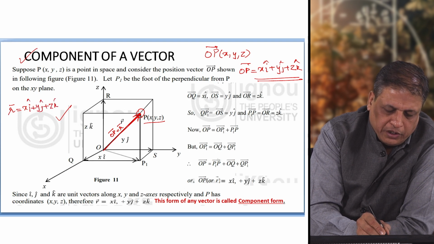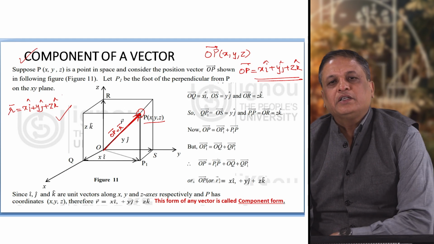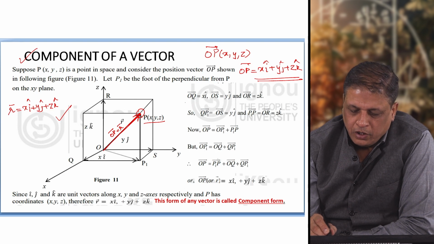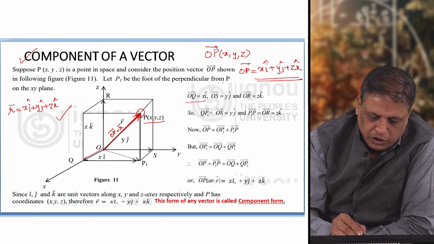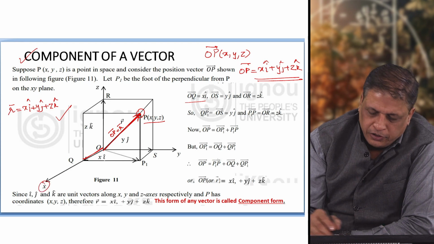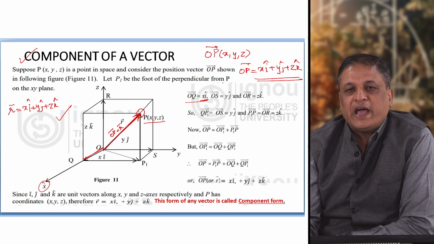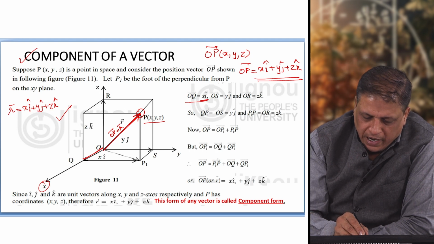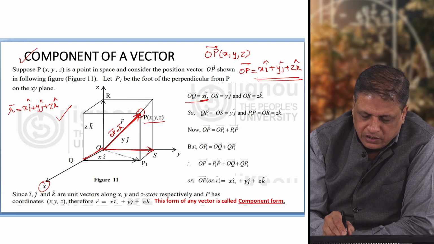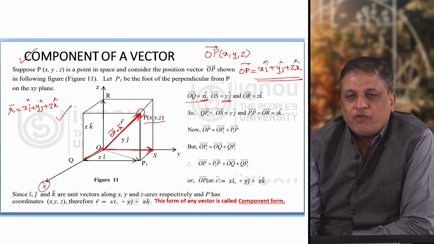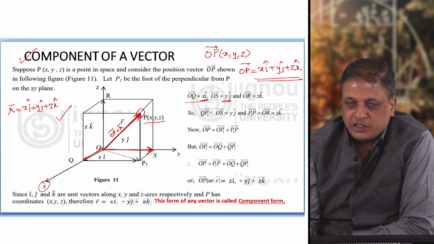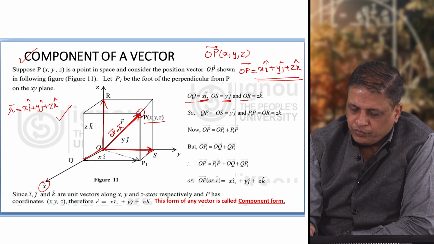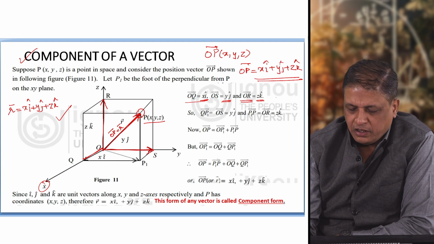But how it is represented geometrically, then in that case you need to understand about the geometrical part of this figure. Now, OQ, this part, is nothing but along the x axis. So, this is representing xi, that is x times of the unit vector i, which is the unit vector along x axis, and OS is this vector, which is representing y times of the unit vector j, which is the unit vector along y axis. Similarly, OR is the vector along z axis, and that is why it represents zk.